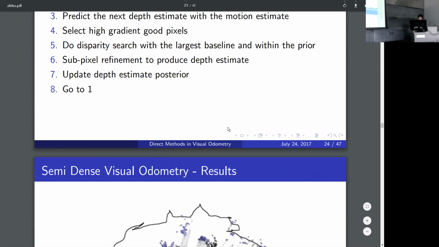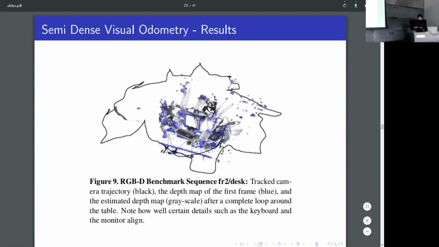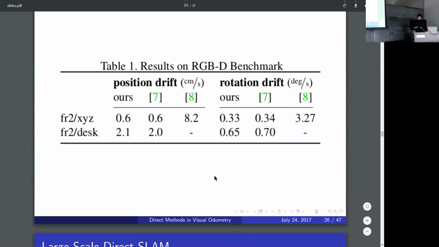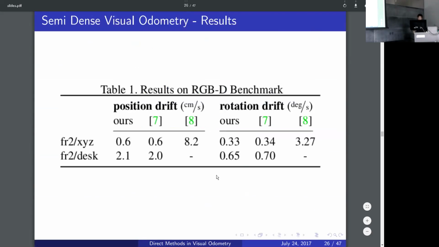In terms of results, they evaluated on this data set where they wave each other around, and they compared it with, 7 is DTAM, and 8 is BTAM, feature-based.